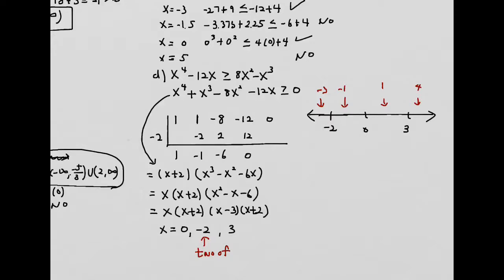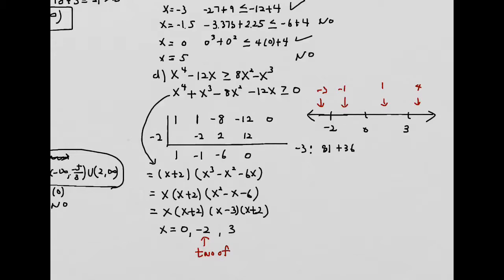So if we try negative 3, negative 3 to the 4th power is 81, and minus 12 times negative 3 is plus 36.